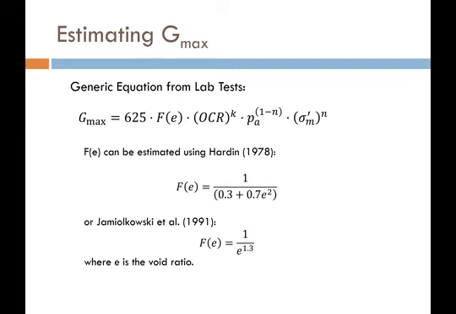So here's that generic equation for void ratio. If we can measure or approximate the void ratio in the soil, then we compute that function f of e using this equation right here. Or we can use an easier function using this Jamiolkowski equation. But both should give you pretty similar results.